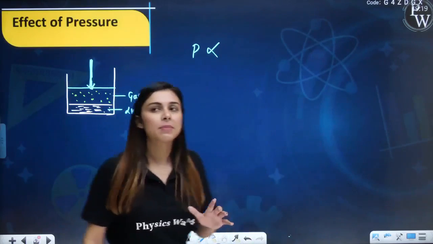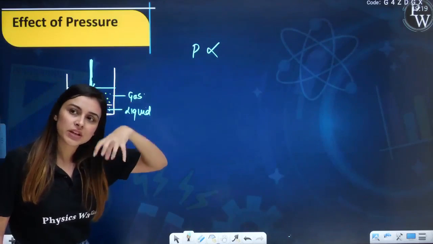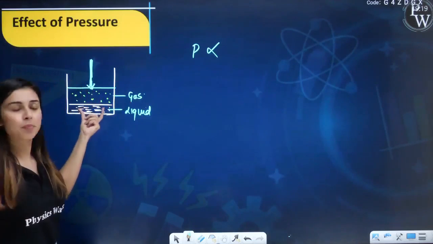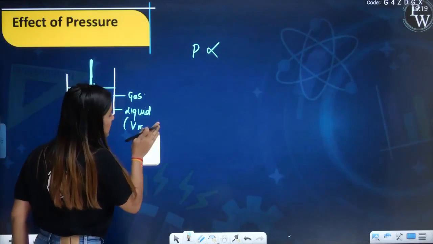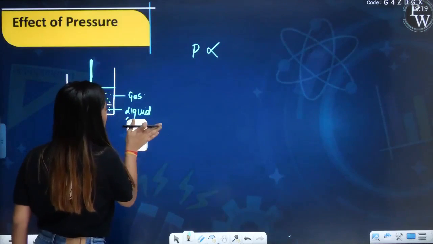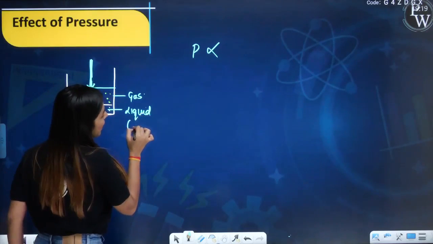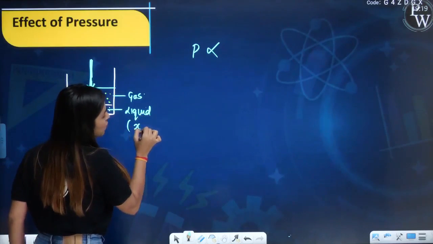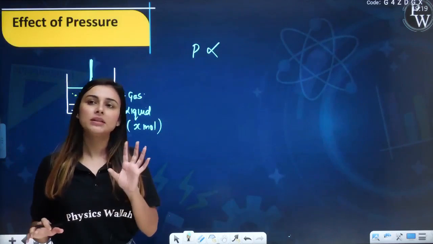Now, my dear students, imagine you have applied some pressure and some amount of solute has dissolved in your liquid. Let's talk about moles. Let's say you have X moles of your liquid. So the amount of liquid is fixed.